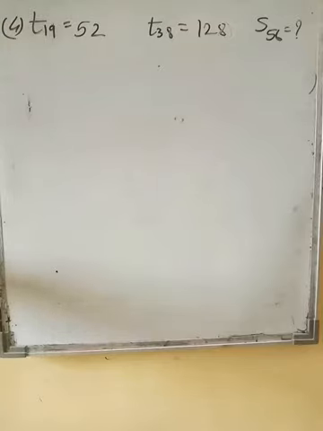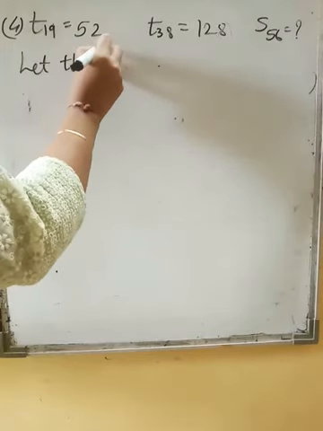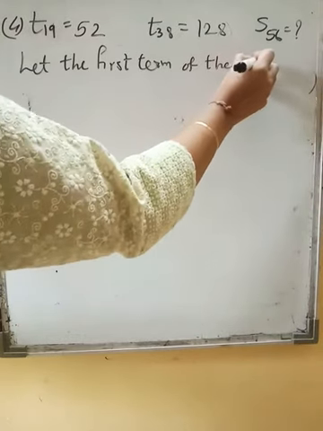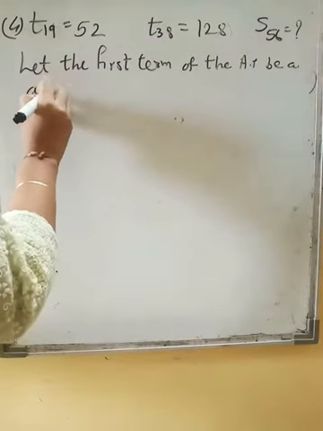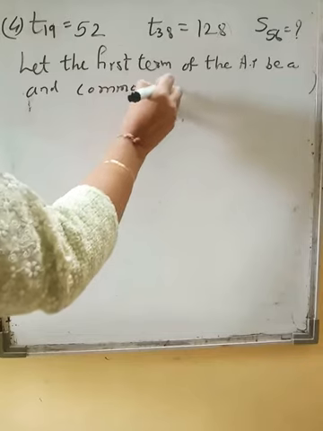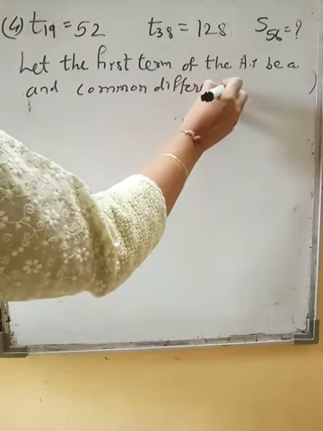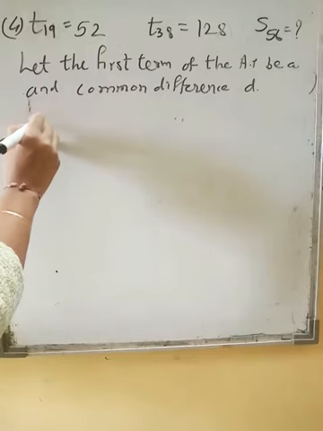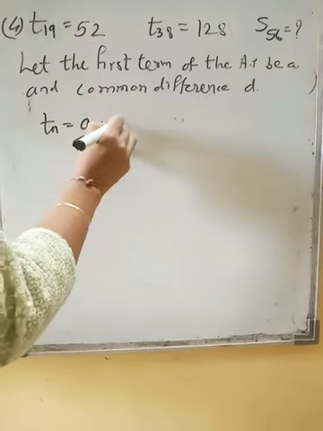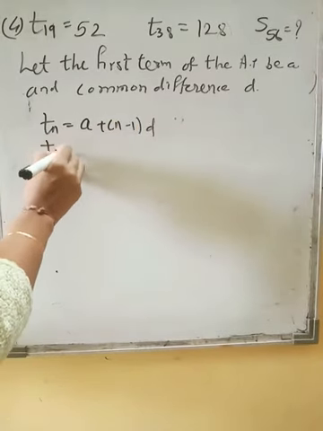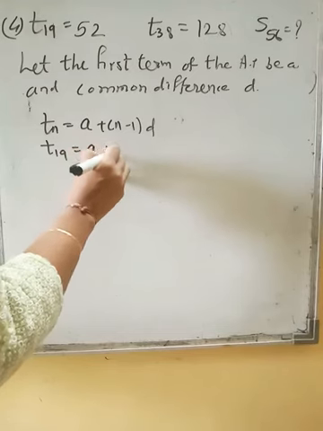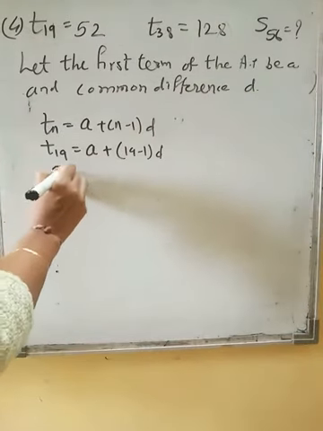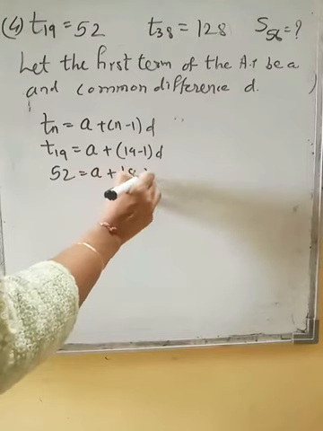So let us start. Let the first term of the AP be A and the common difference be D. Let us use the formula Tn is equal to A plus n minus 1 into D. So when you have T19, it will be A plus 19 minus 1 into D. So 52 is equal to A plus 18D.